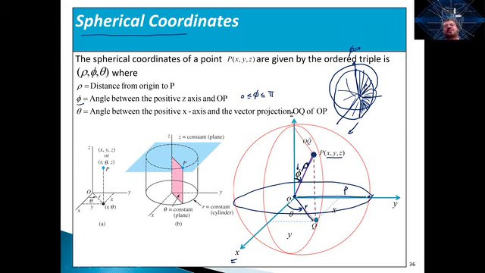So the spherical representation of the point x, y, z in the rectangular coordinate can be represented by rho, phi, and theta, where rho is the distance between the origin and the surface of the sphere. Then this rho can move between the z-axis, positive to negative.